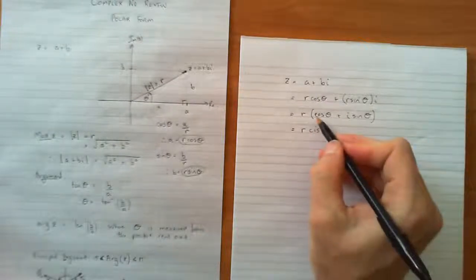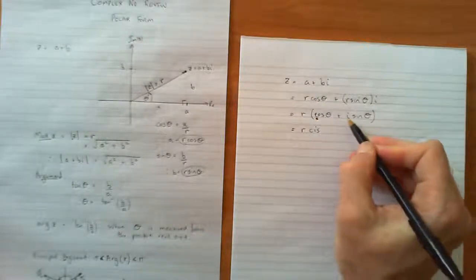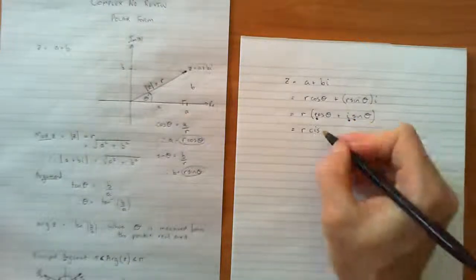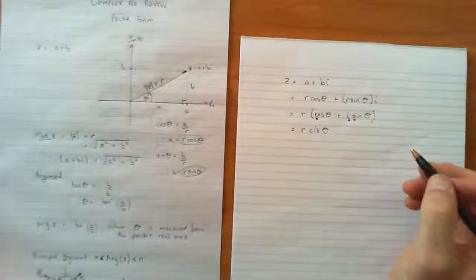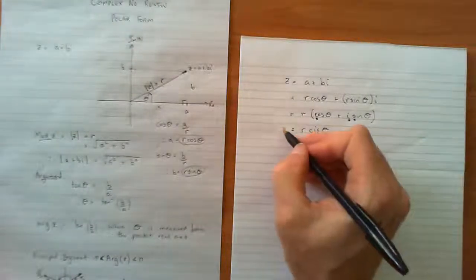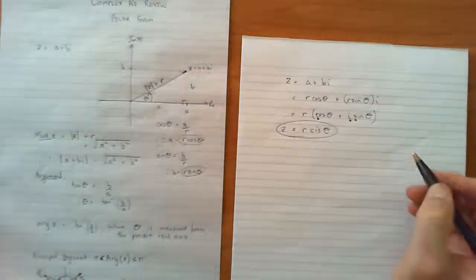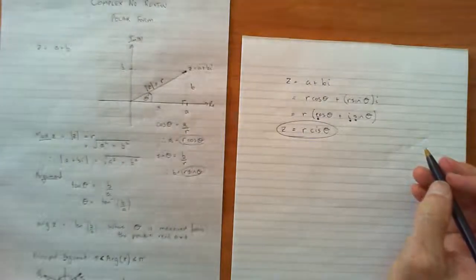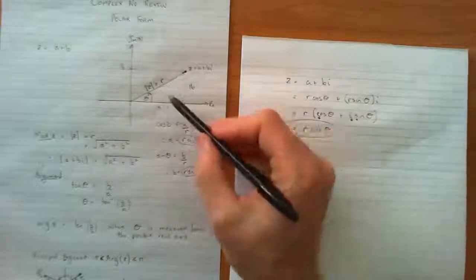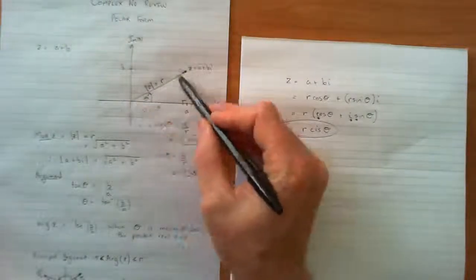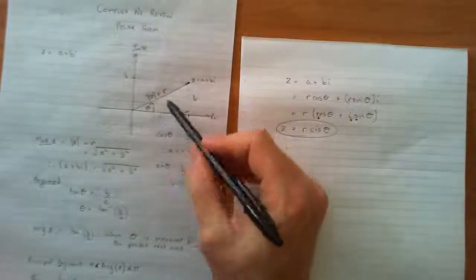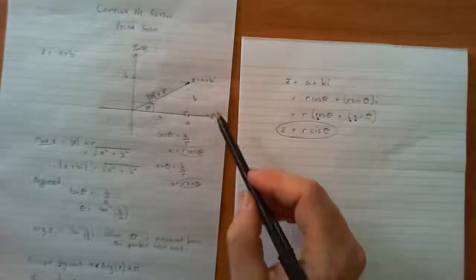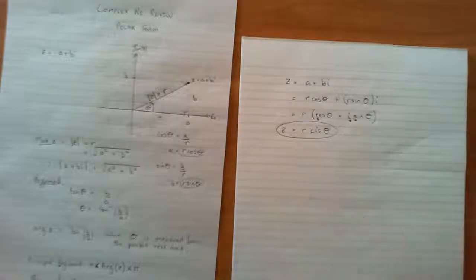Now cis just stands for the C for cos, the I for the complex number, and the S for sine, r cis theta. So z equals r cis theta is a complex number written in polar form, where r is its distance from the origin and theta is its angle from the positive real axis. Some of the details of that we'll look at some specific examples in a later lesson.